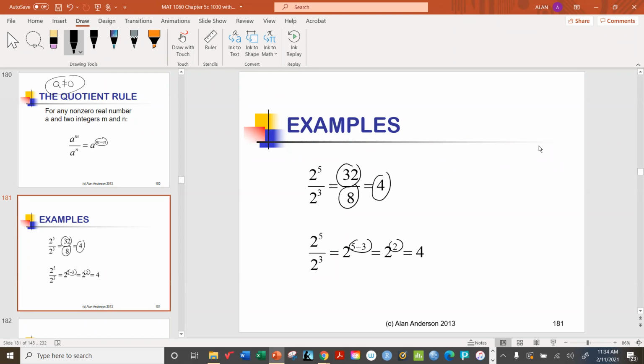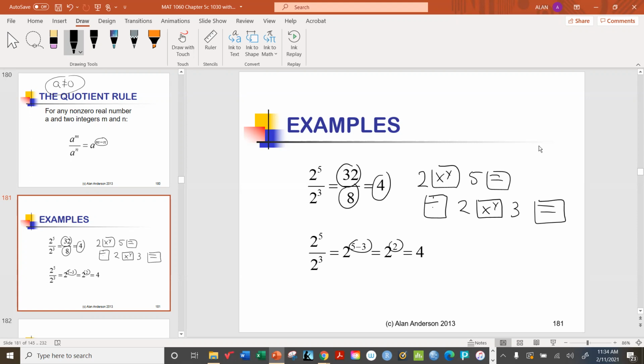Now, if you want to do this on your calculator, it's not a problem. Watch how easy this is. 2 raised to the 5th. Now, here, you do need the equal sign. And then what you're going to do is divide by 2 raised to the 3rd.